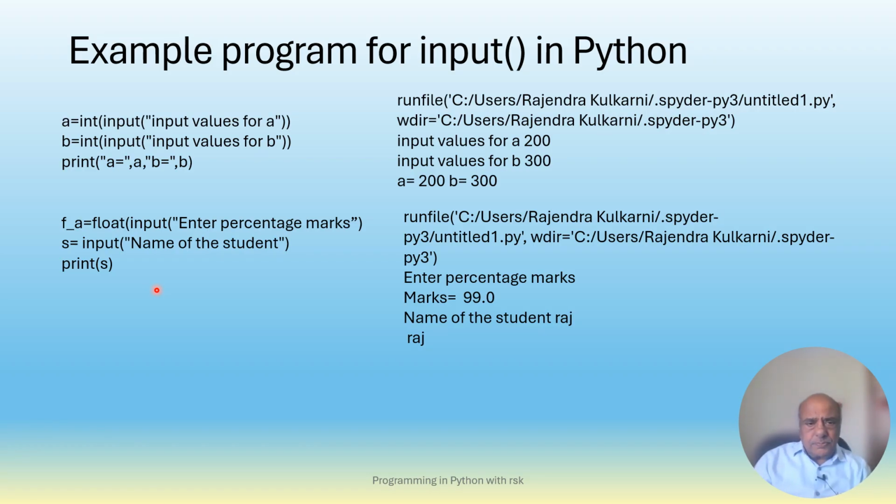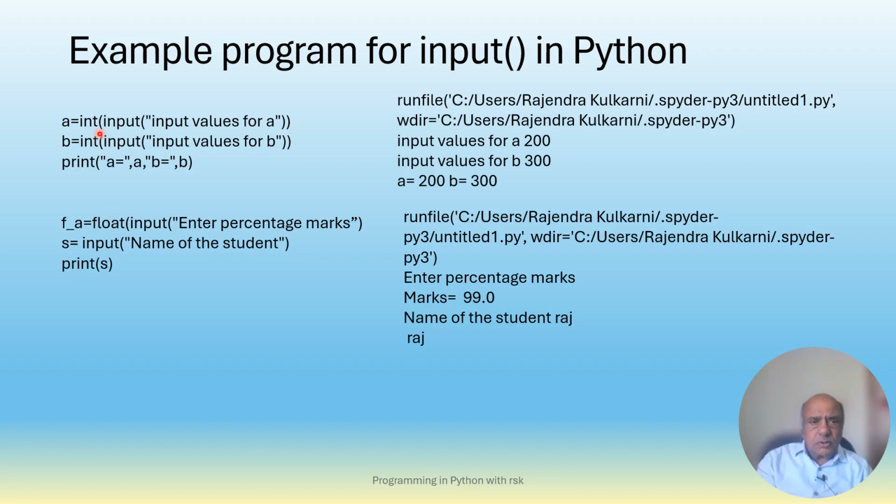And then I gave an input statement, name of the student, asking the user to put the name of the student. s is equal to input, name of the student. Now here you can see that the input statement is not following a data type.